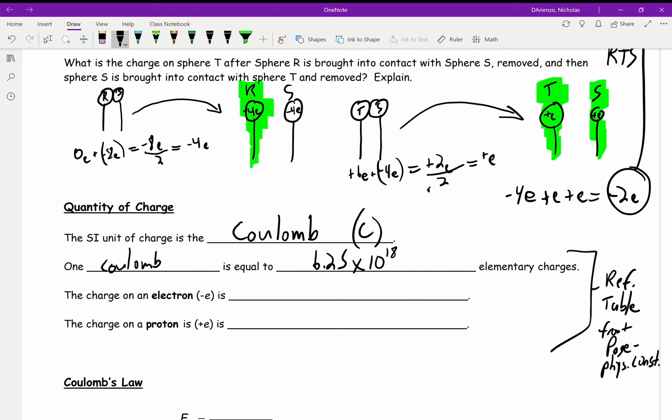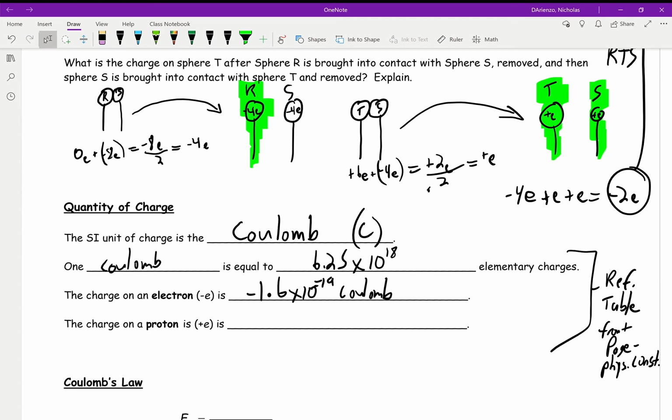So the charge on an electron from the reference table, we know it's a negative charge. It's a negative. I'm going to draw that clearly so we don't make a mistake in that. It's a negative 1.6 times 10 to the negative 19 coulomb. A pretty small charge value.